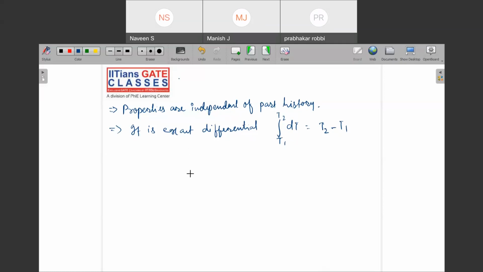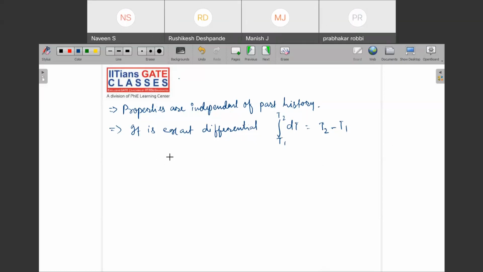Then we understand that we analyze the system with the help of properties, and you need to know how you are going to analyze your system. Why? Because when a system is changing its state from one state to another state, it is continuously changing its state, right?